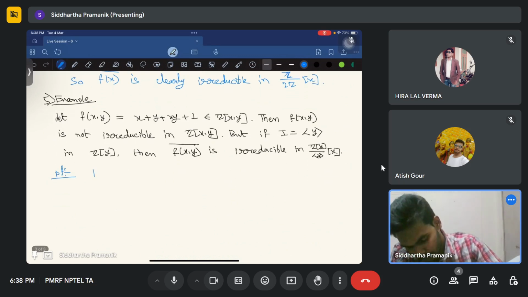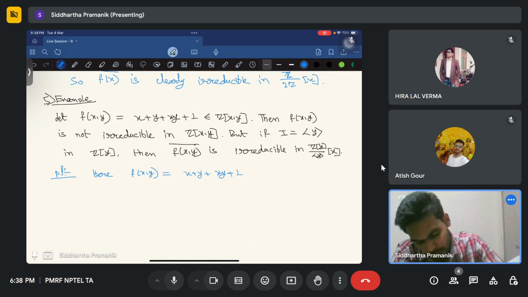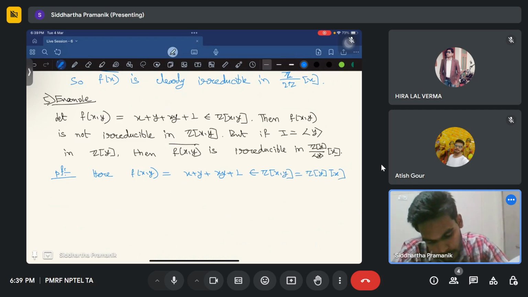So here f(x, y) is basically x + y + xy + 1. This belongs to Z[x, y]. So you can write it as Z[y][x].